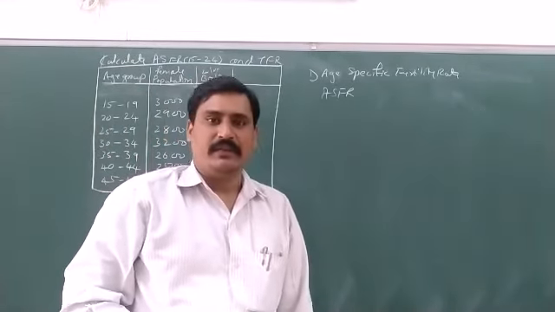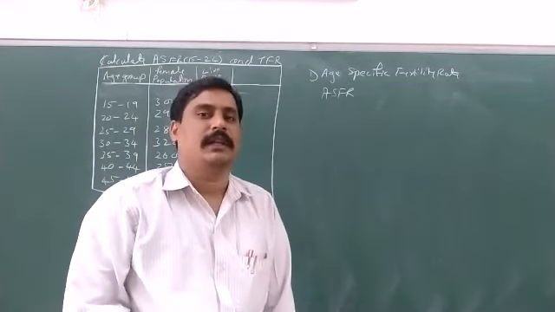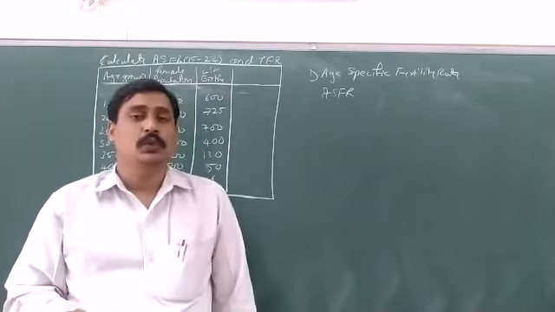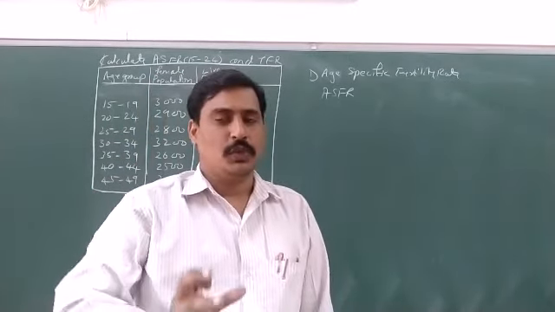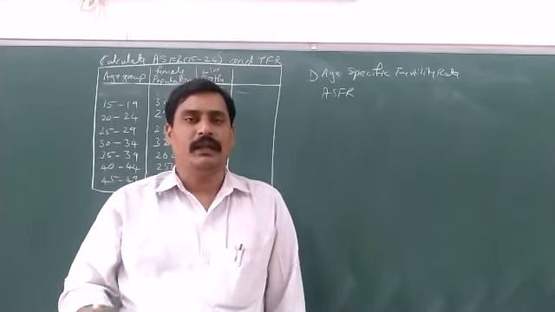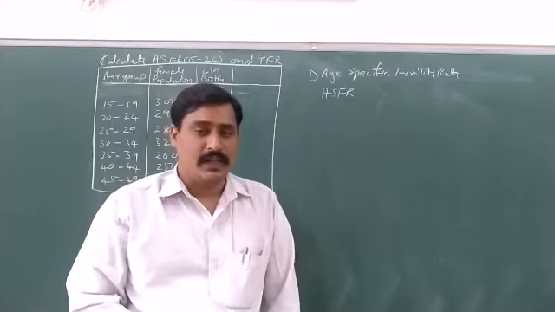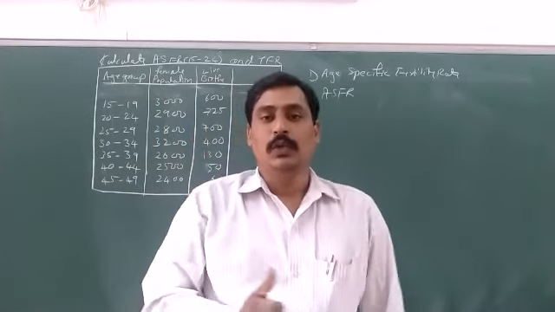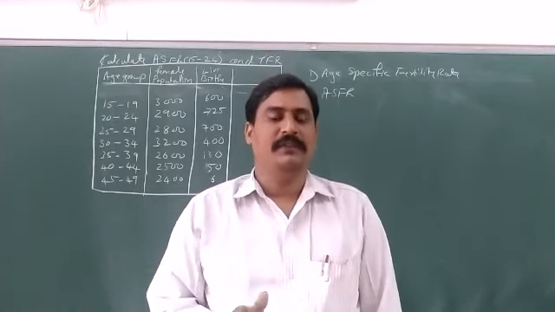So earlier we calculated CBR, crude birth rate, and GFR, general fertility rate. In calculation of these two fertility rates, we have taken into account total live births and total population irrespective of gender for calculation of CBR, and total female population of childbearing age for calculation of GFR.